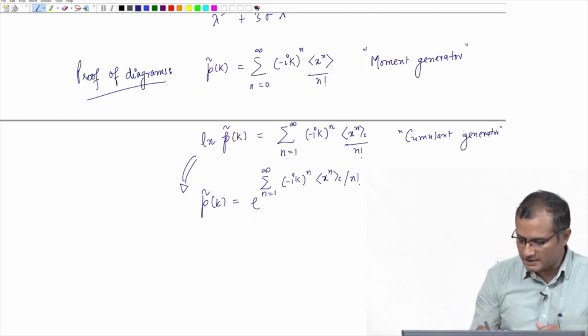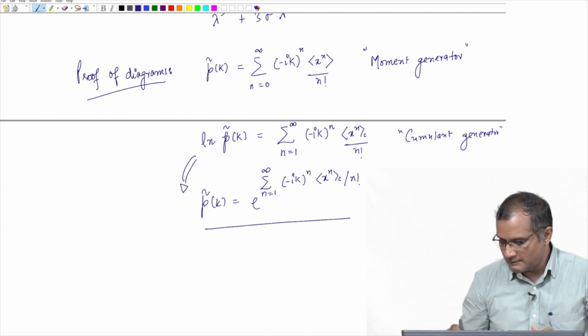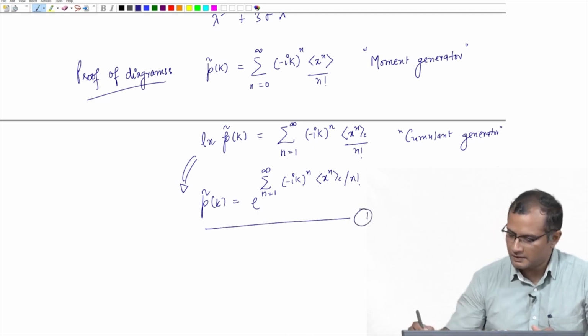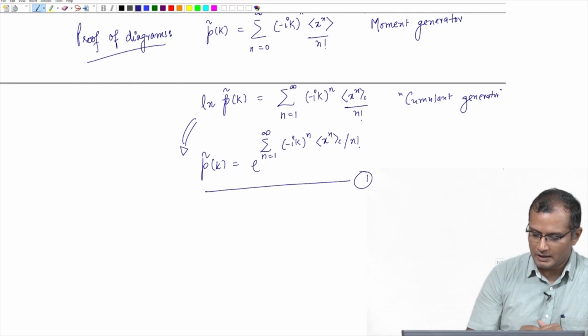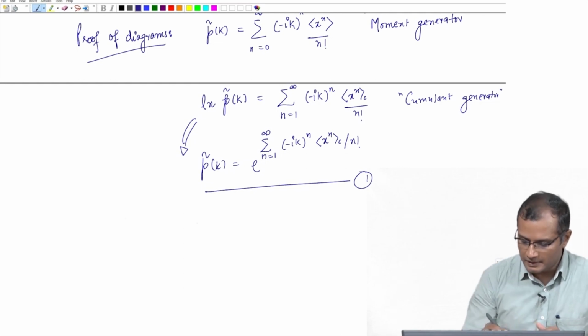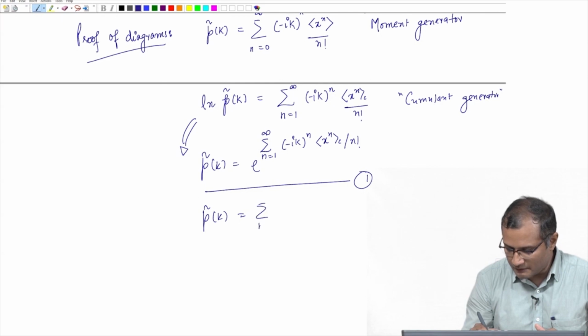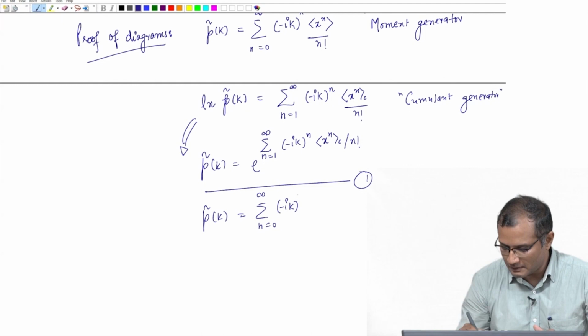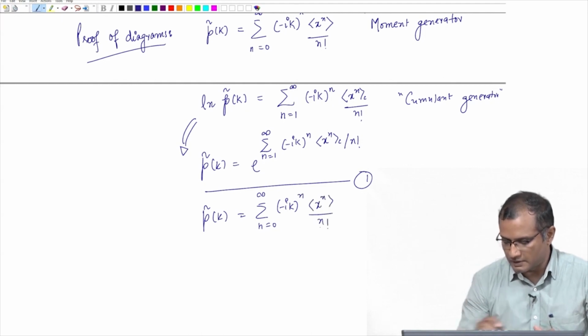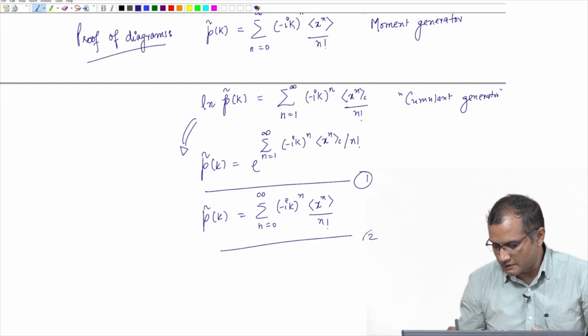I will call this the first equation. And I already have P of k, which is given as summation n going from 0 to infinity, (minus i k) to the power n, the nth moment over n factorial. I will call this the second equation.